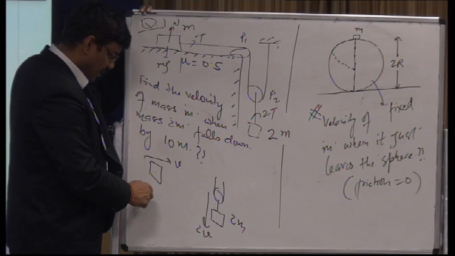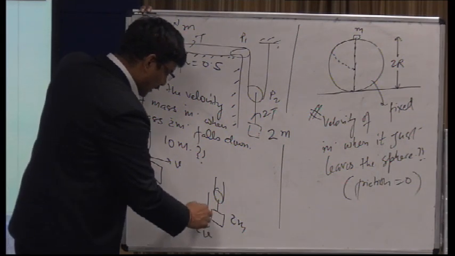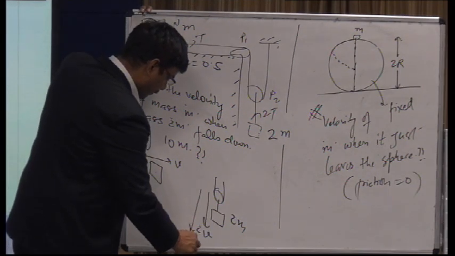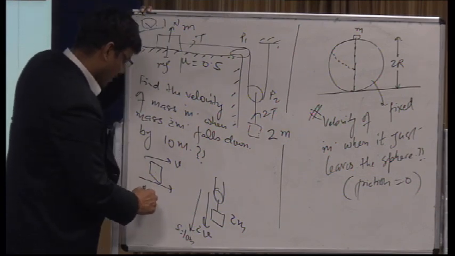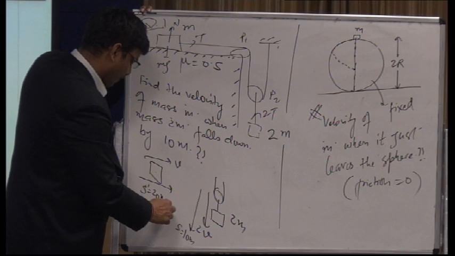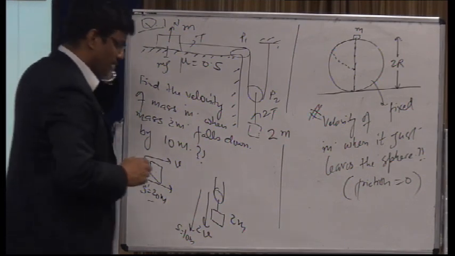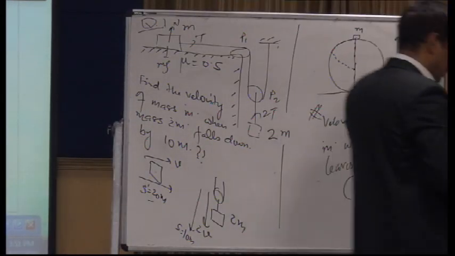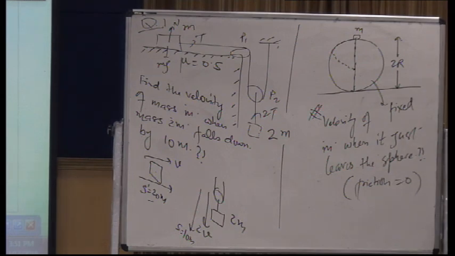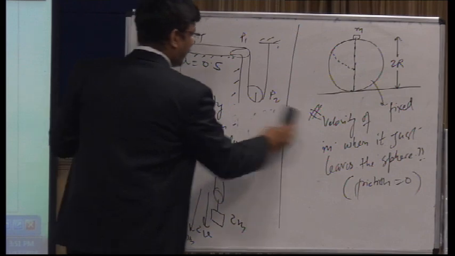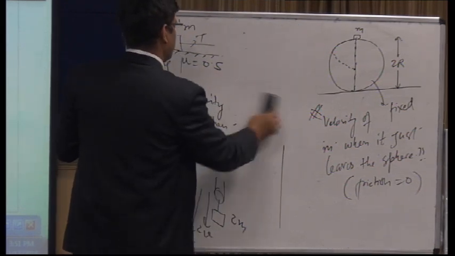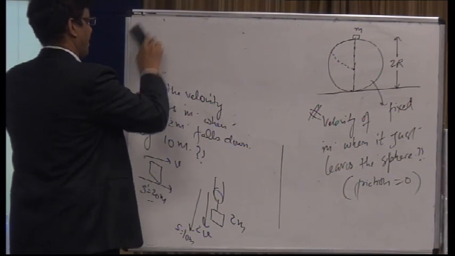Similarly, if this has fallen a distance of 10 meter, then this will go right a distance of 20 meter. Keeping these two things in mind, I can now write the work energy theorem and solve this question.